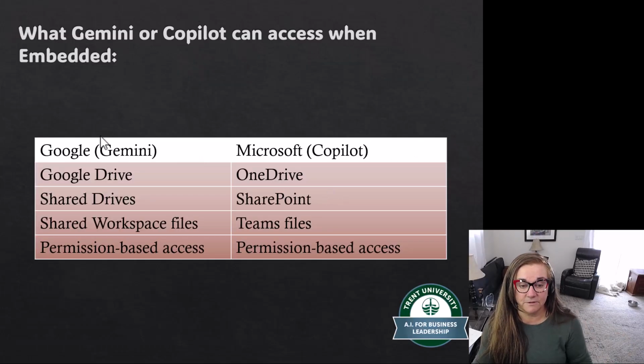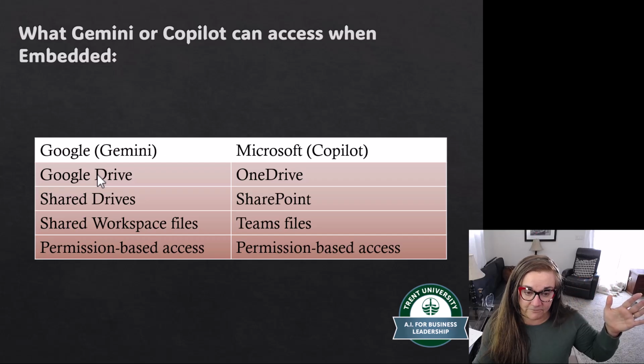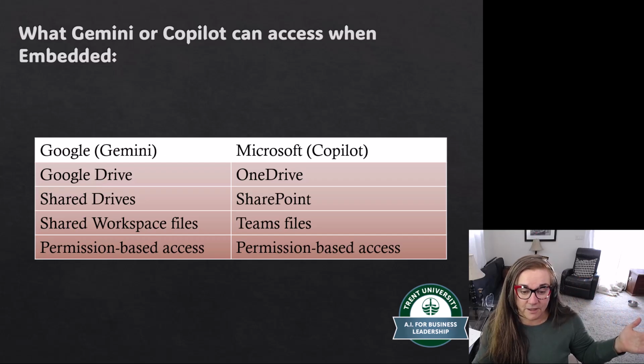Just in general, a short form of what I just showed you there was Gemini. You're looking at Google Drive, where it's going to be looking at shared drives, workspace folders, and permission-based access. With Microsoft Copilot, you're looking at OneDrive, SharePoint, team files, and permission-based access.